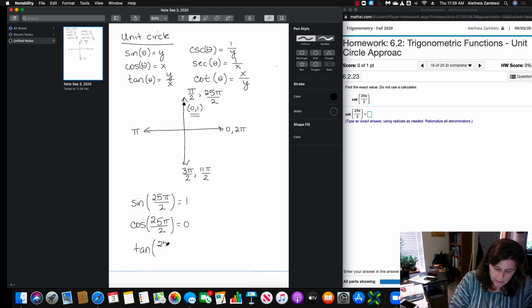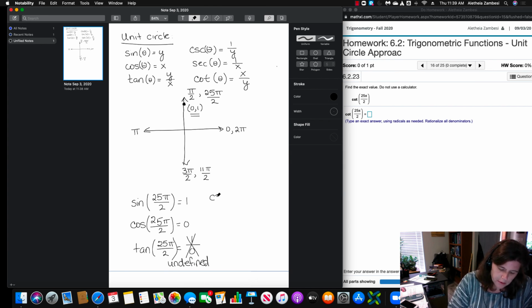Tangent of 25 pi over 2 is y over x, so I have 1 over 0. 0 on the bottom means that it's undefined. So tangent is not defined at that 90-degree, pi over 2 angle.